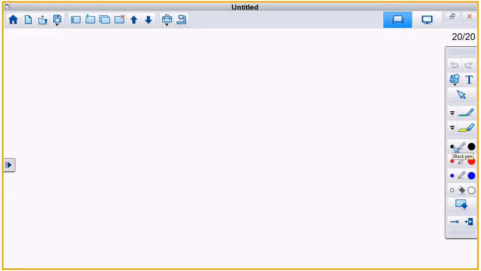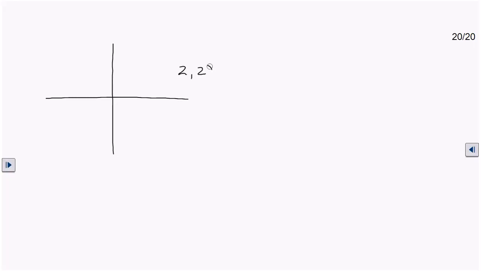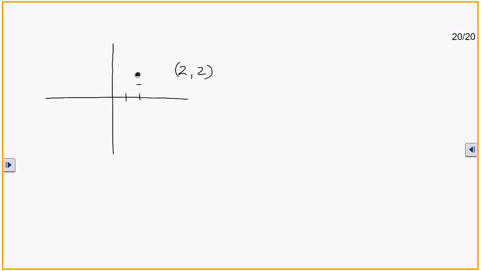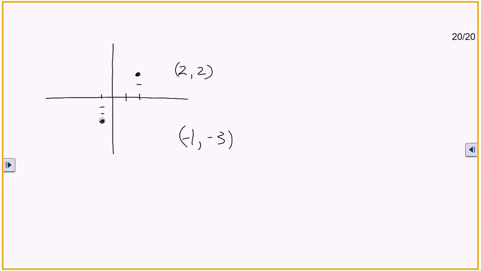As far as graphing goes in pre-algebra, one, you need to be able to draw two points, let's say (2, 2) and (-1, -3). And then draw a line between those two points. That is a line.